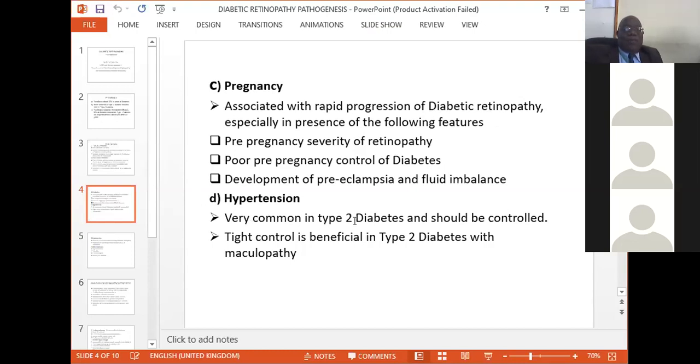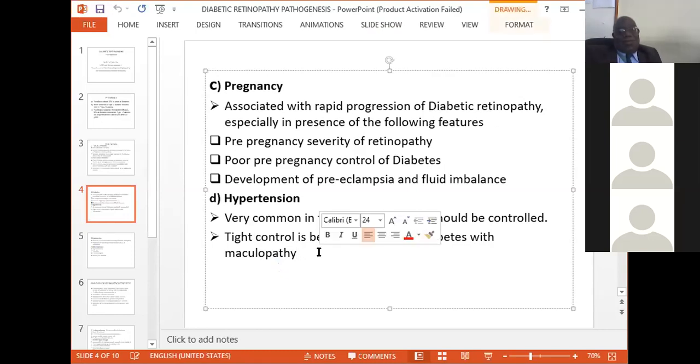Hypertension is very common in type 2 diabetes and should be controlled. Diet control is beneficial in type 2 diabetes with maculopathy. I think this one I agree with. I'm type 2 diabetic, and so far I'm managing with the BP control, no problem.